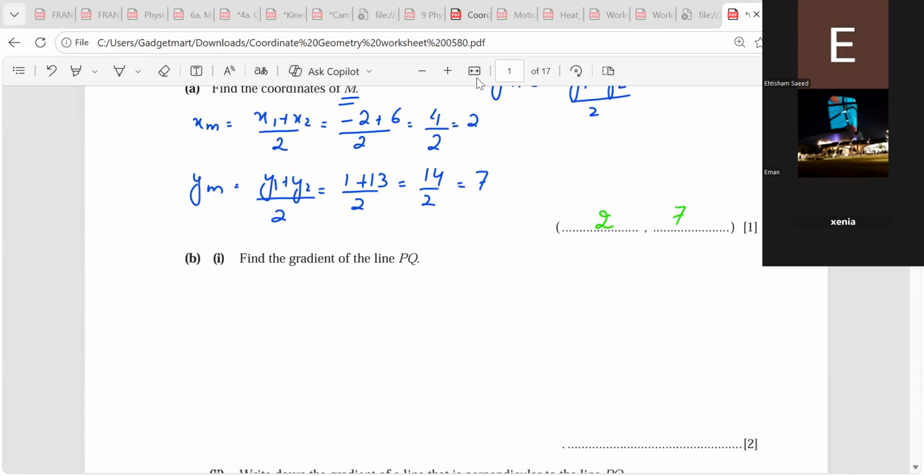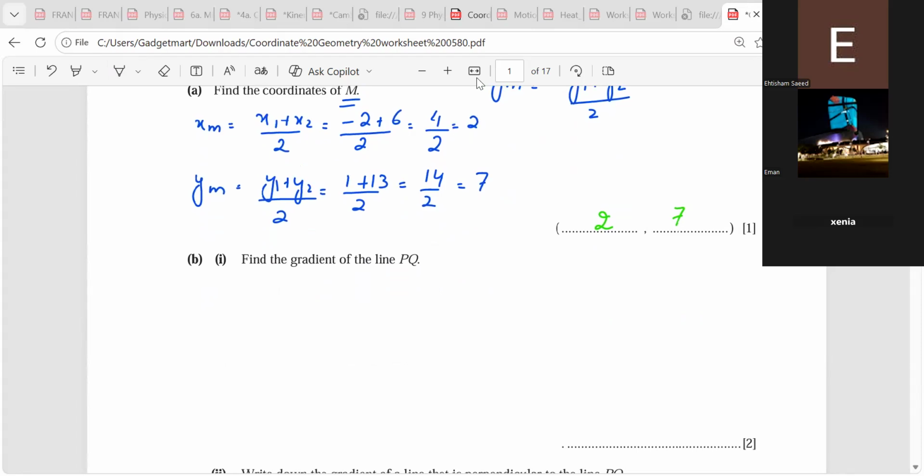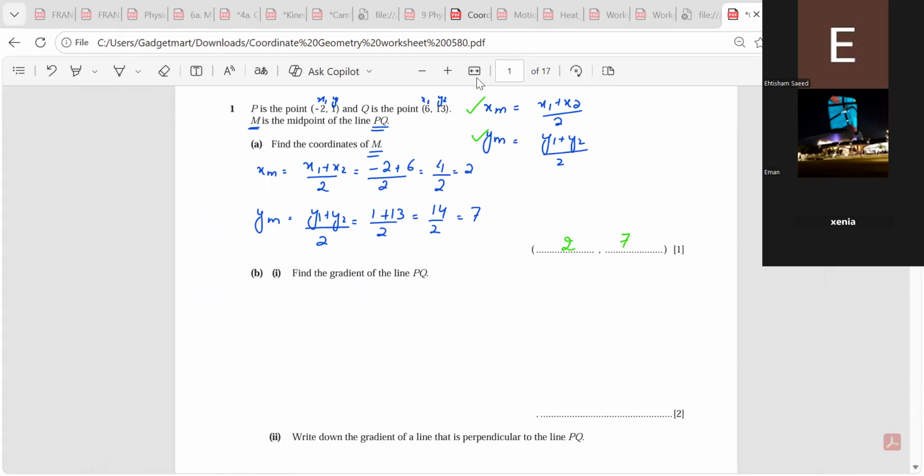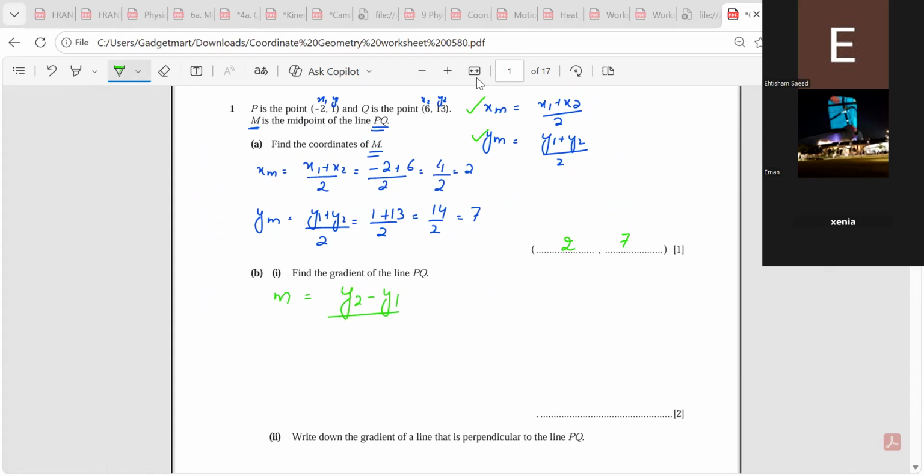The question number 2 is: find the gradient of the line PQ. So now this is a question we have to do. We have to find the gradient, that is M equals y2 minus y1 divided by x2 minus x1. What is y2 in this case? Here y2 is 13 minus 1, divided by x2 which is 6 and x1 which is -2.